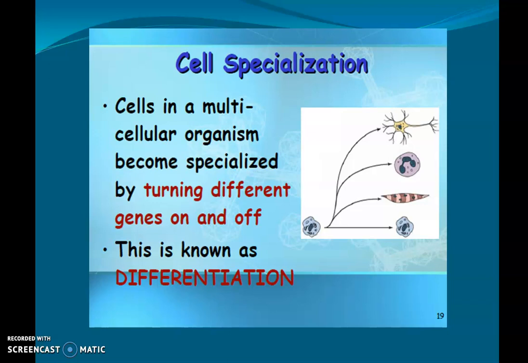They do this by turning different genes on and off. In the nerve cells, certain genes are turned on which are turned off in liver cells. Likewise in other cases also. So each cell is specialized to do a particular type of function. This is known as differentiation.